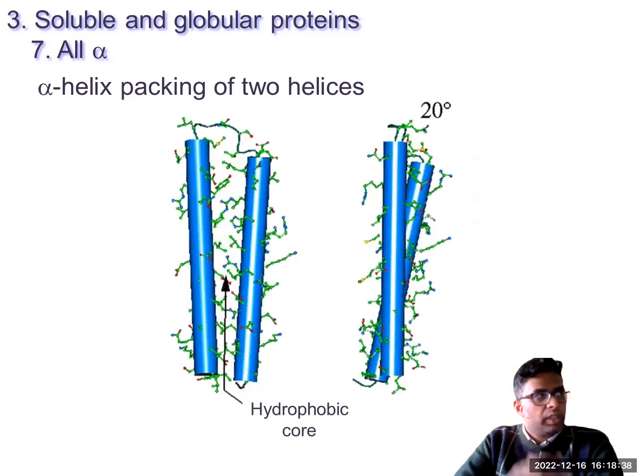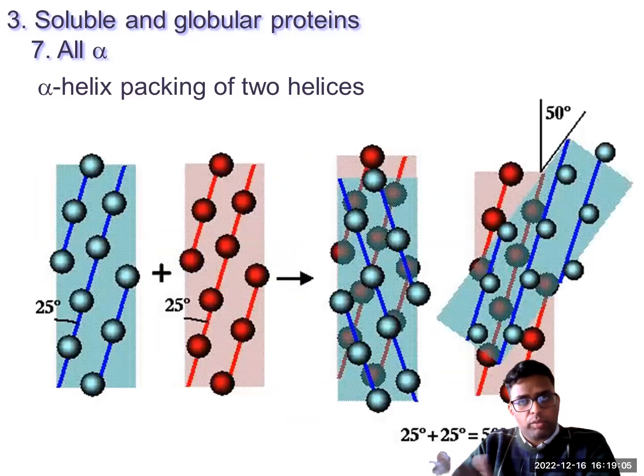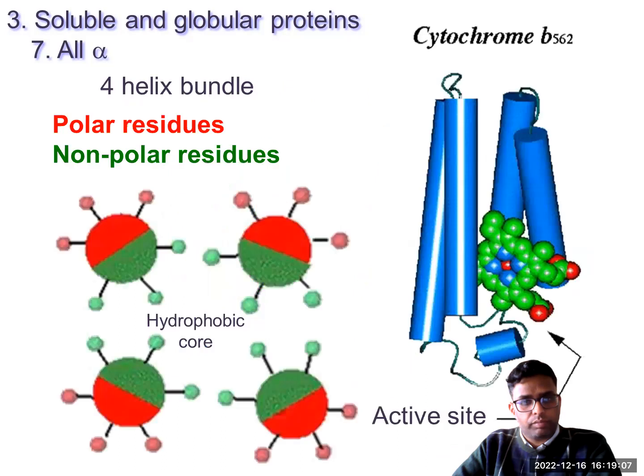When you go through the details of protein structure analysis, if two alpha helices are close to each other, they may have either a 20-degree or a 50-degree orientation to each other. Here I describe it briefly, because if they are in the same orientation or superimposed on each other, some residues repel each other, and ultimately they create a 20-degree orientation, and also possibly a 50-degree orientation.